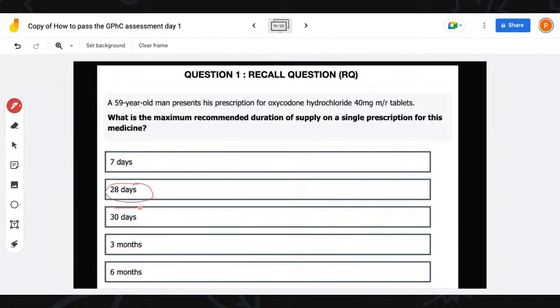The correct answer is 30 days, but it's very easy for anyone to go 28 days, because most of us think, okay, it's a month. It's valid for a month, but a month in this sense for your controlled drugs is 30 days. It's not 28 days. This is put in there, which is plausible, because in practice, that's fine. You could think 28 days, but in the actual exam itself, there is only one correct answer.